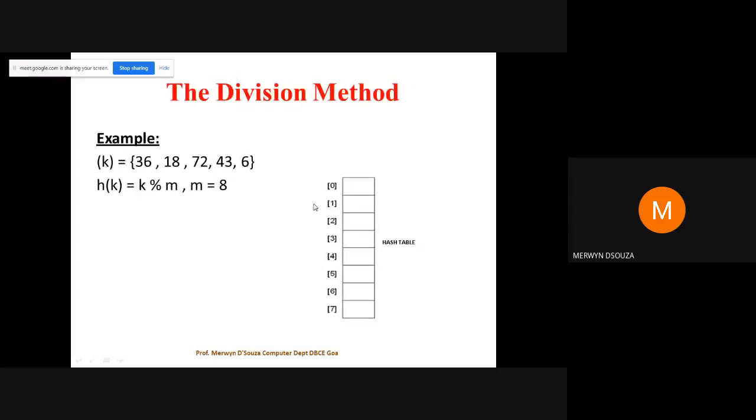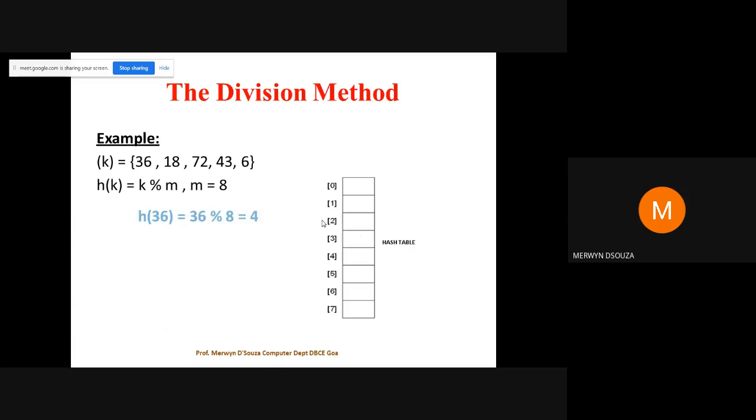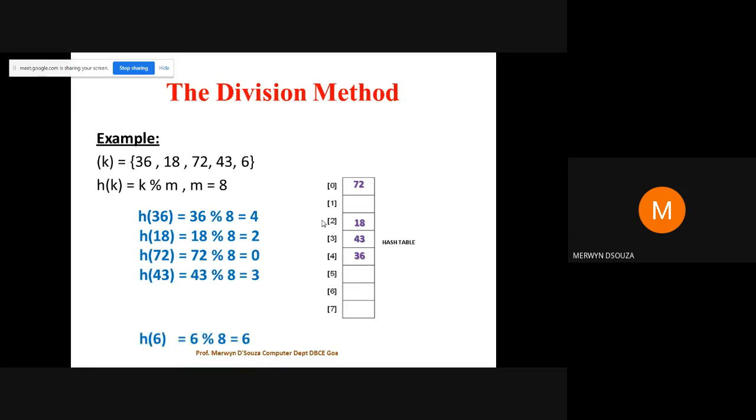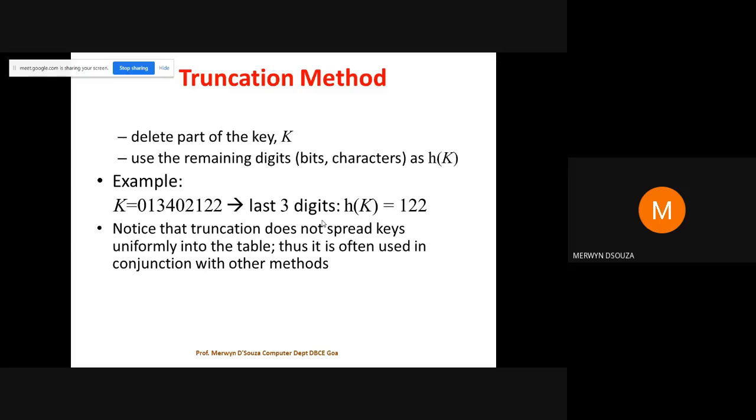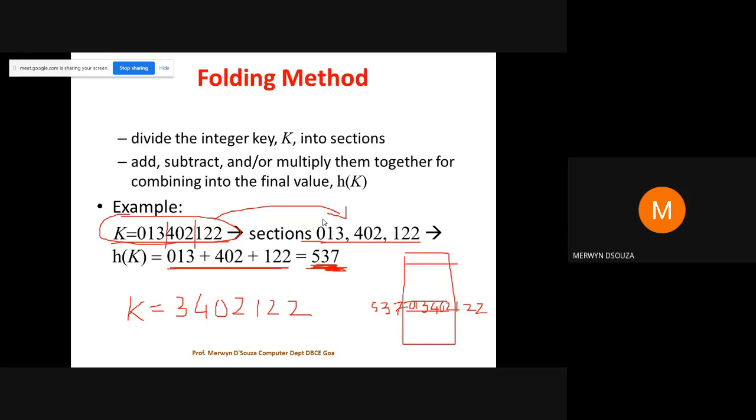So I'll just show you all these methods that we have. Any problem with the division method, or the next method, the truncation method, or the middle squaring, or the last one, the folding method?